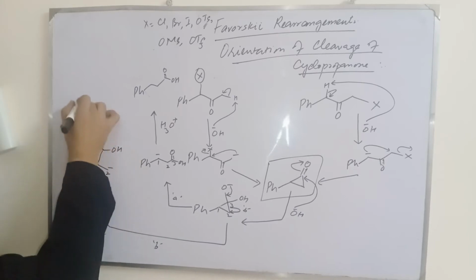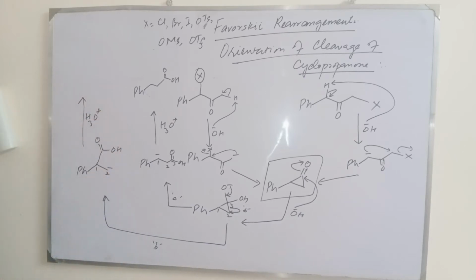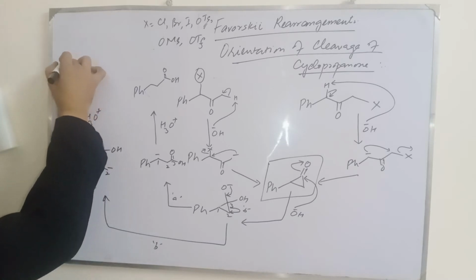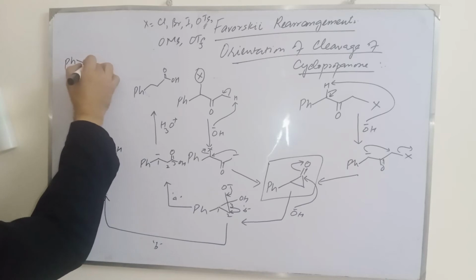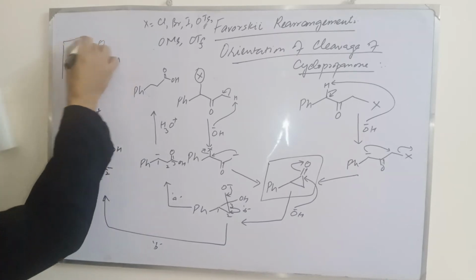So it would be treated with acidic water, because we have already discussed that when a reaction is initiated with a base, in general this reaction is quenched with acidic conditions. So we would get, after protonation, this carboxylic acid.